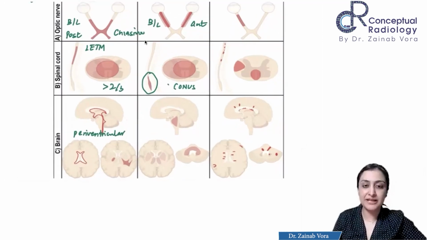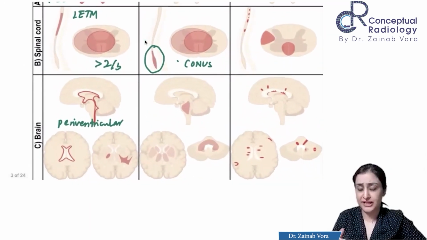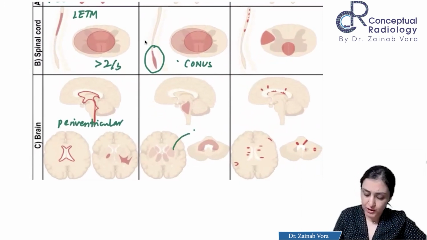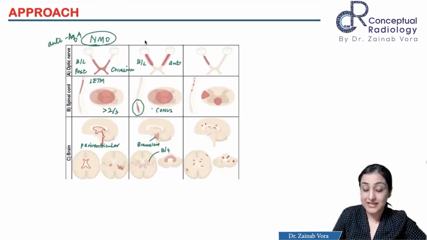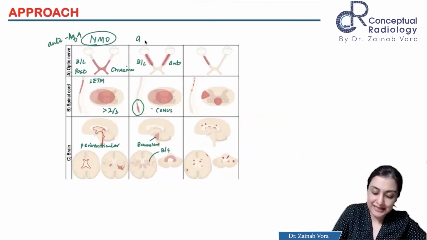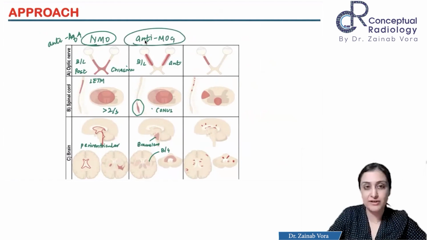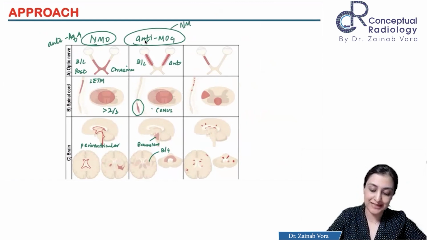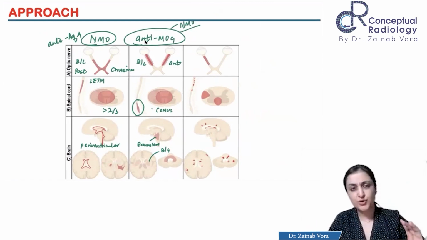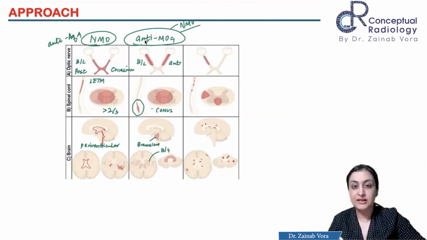And within the brain, we see this patchy involvement, where the involvement is more towards the basal ganglia, more towards the brainstem. This kind of involvement is very typical for, very good, anti-MOG transverse myelitis. So this is anti-MOG spectrum of neuromyelitis optica. This is also a spectrum of neuromyelitis optica slash ADEM, whatever you want to call it. This is anti-MOG demyelination that we now refer to this entity as.